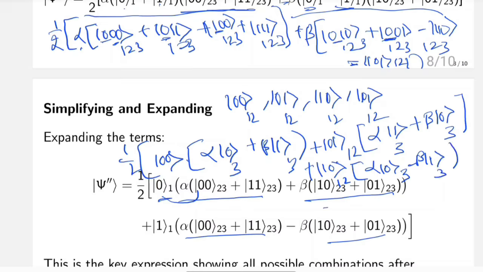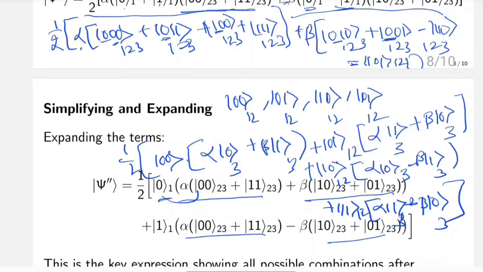In the same way, if I take ket1 1 common from all those equations, I will be getting alpha ket1 3 remaining, and minus, if I take 1 1 common here, minus beta ket0 3 will be the remaining term.